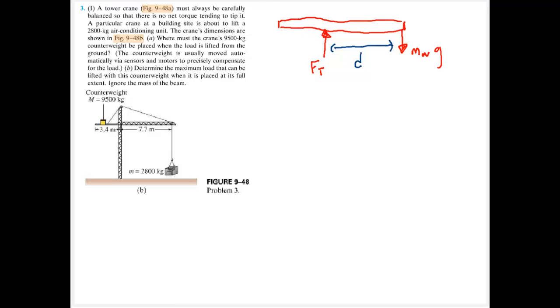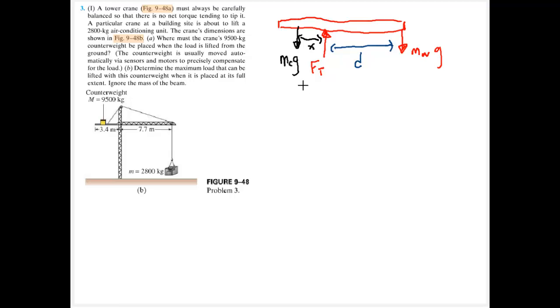And we have a counterweight that is movable, adjustable in terms of distance. So we're going to have the mass of the counterweight multiplied by gravity, and this is going to be a variable distance. I'm going to call that distance x, and it's variable up to an upper limit of 3.4 meters.